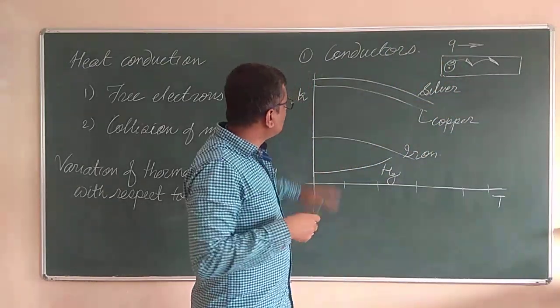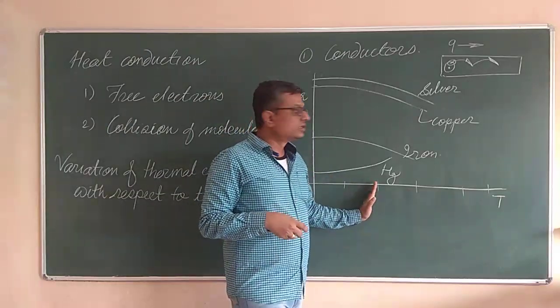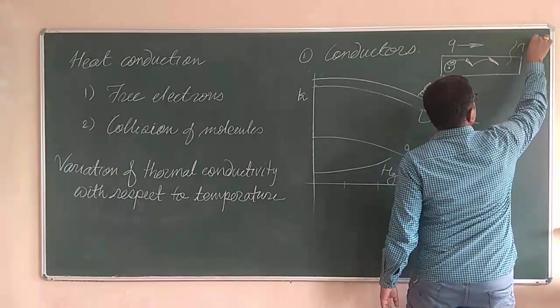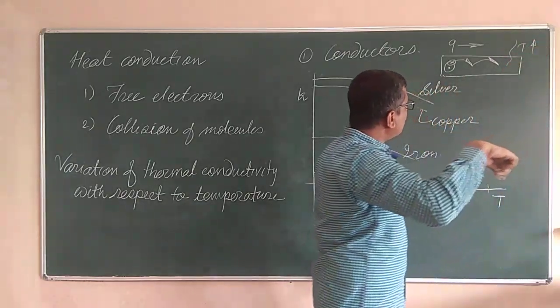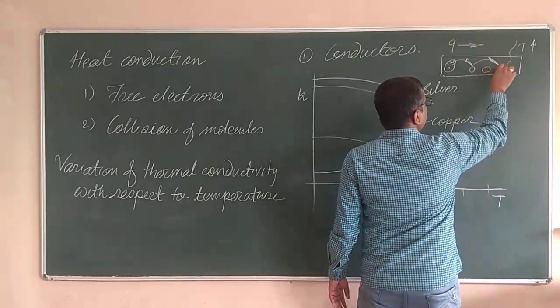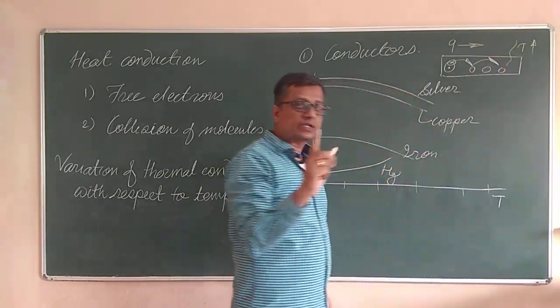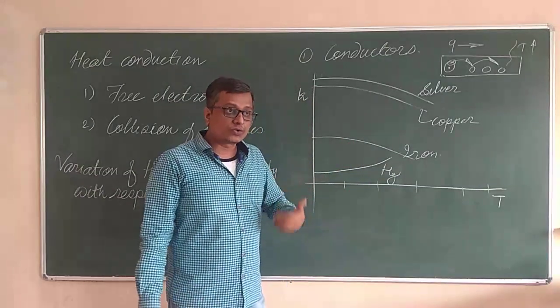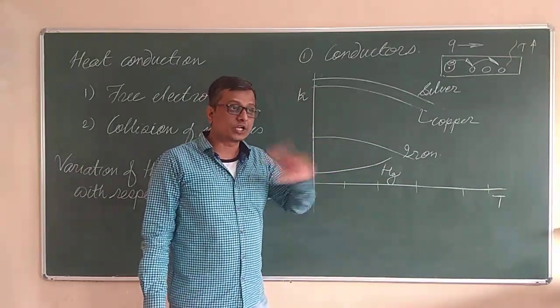So what happens is, the moment you start to heat that object, the temperature of that object will start to increase. The molecules which are over here will start to vibrate. They were already vibrating, oscillating, but due to the increase in temperature, the vibration also increases.